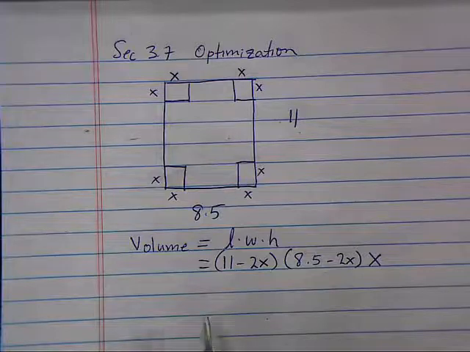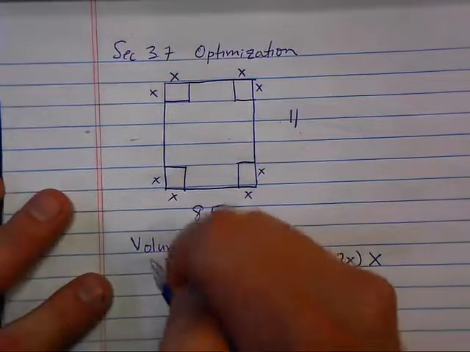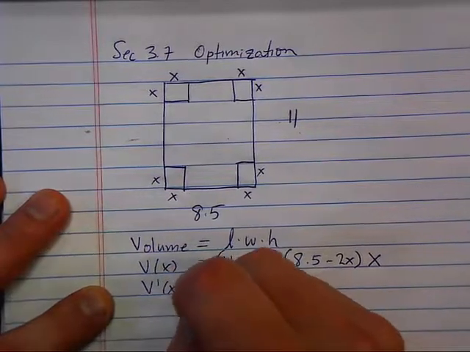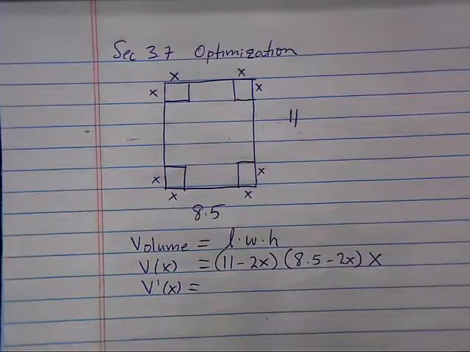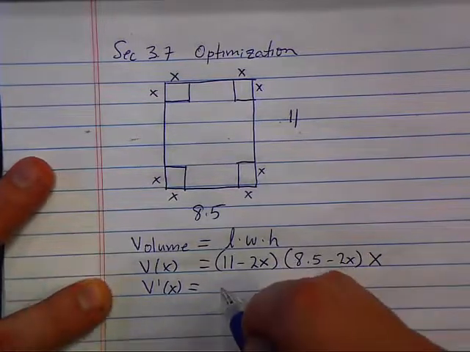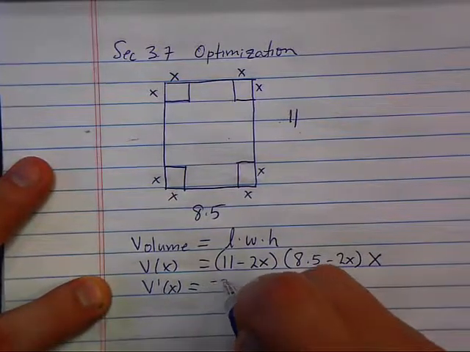All right, so I'm going to go ahead and take the derivative of this thing. So I'm going to call this v of x. So v prime of x is, how do I take the derivative of that thing? Product rule. All right, so I take the derivative of the first one. What's the derivative of the first one? Negative 2.